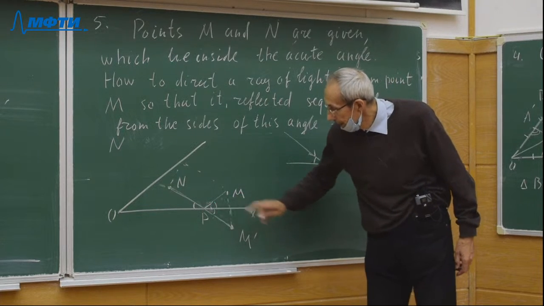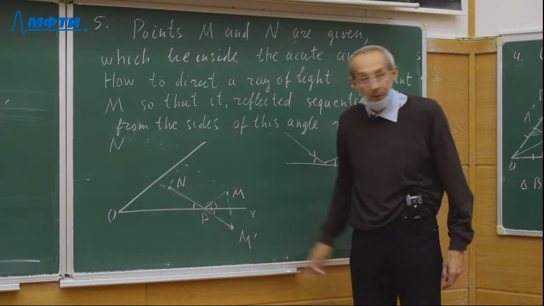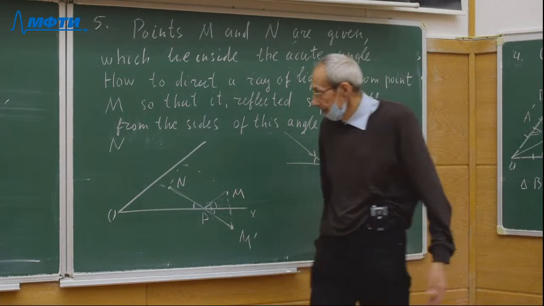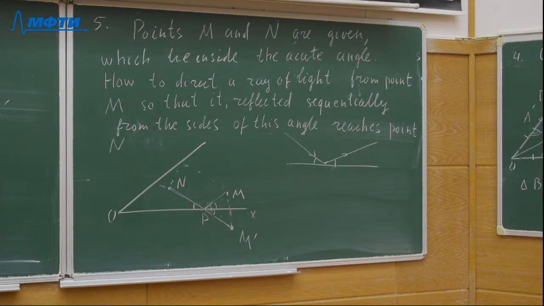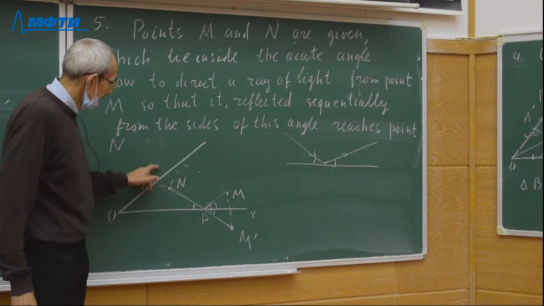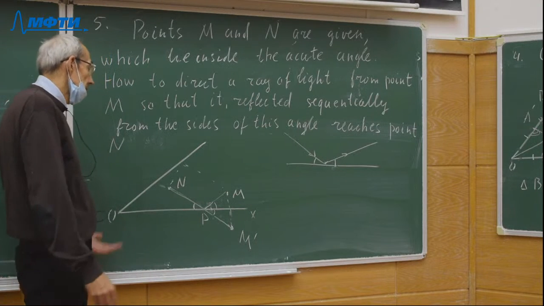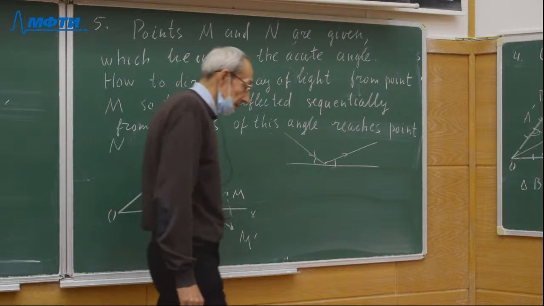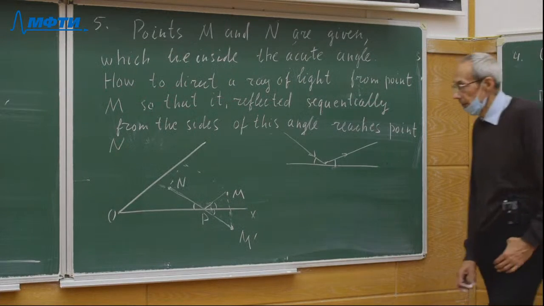We have equalities of two angles, and this answers the question. And how to use this construction and construct another way for the ray of light?